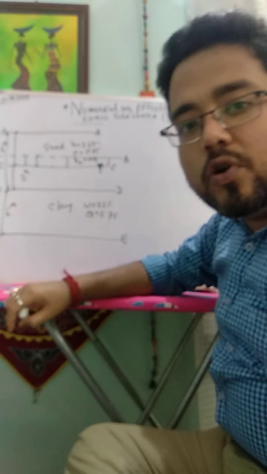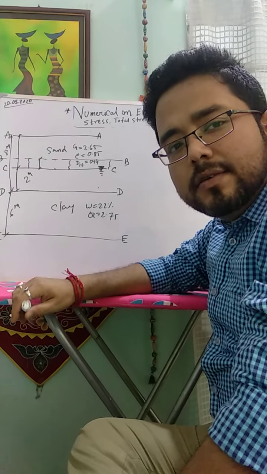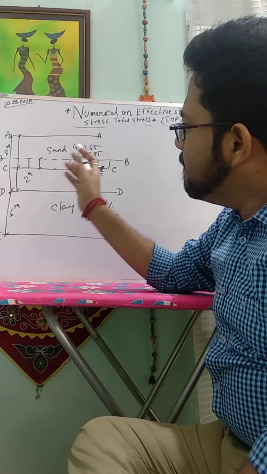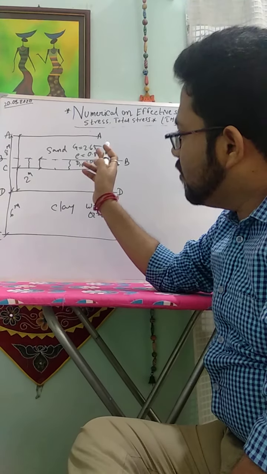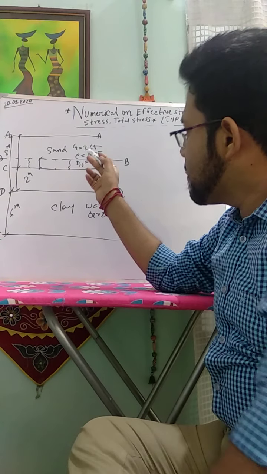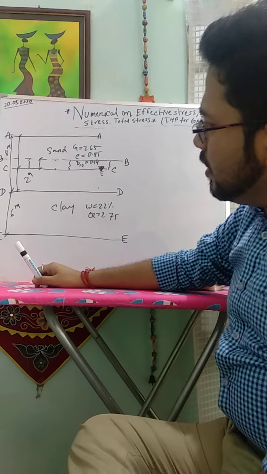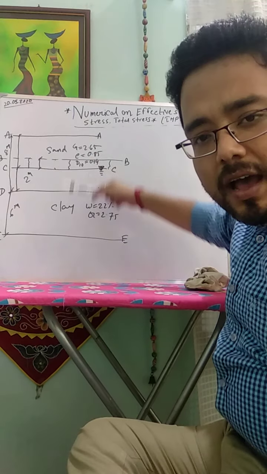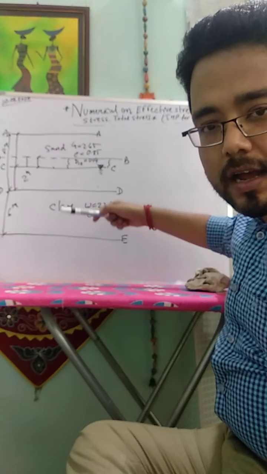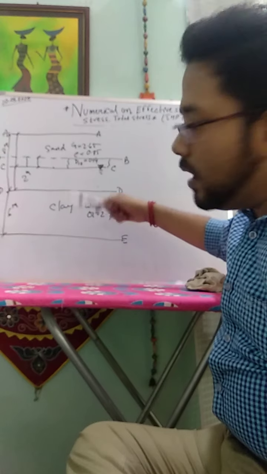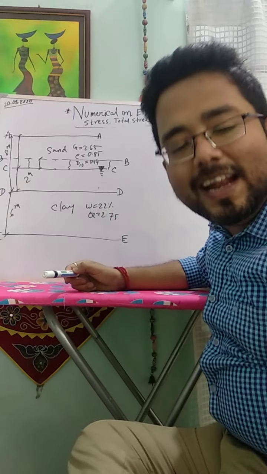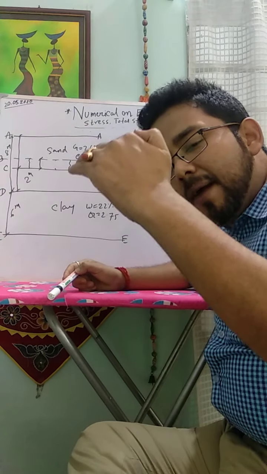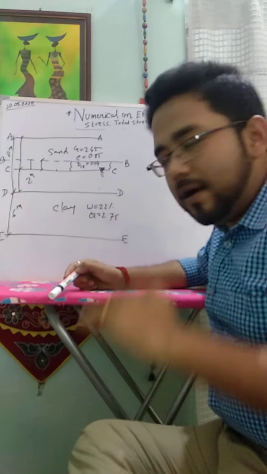That's why in my notes I already covered different numericals. I just picked this numerical for your better understanding. This is a strata, a soil profile: a clay layer underlain by sand, meaning the sand is the upper part and the clay is the lower part.